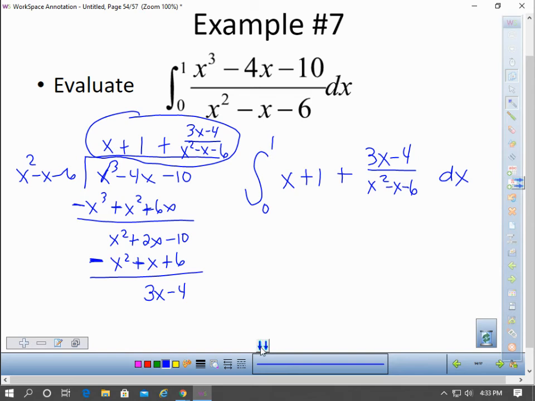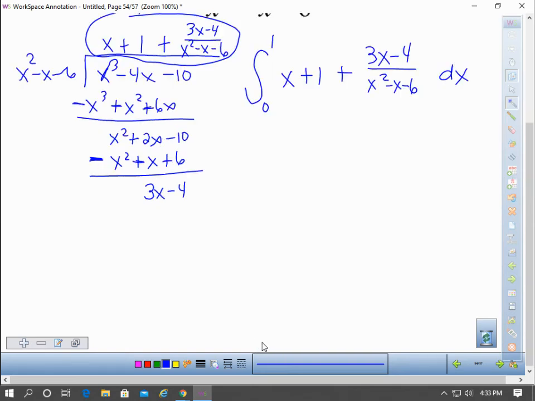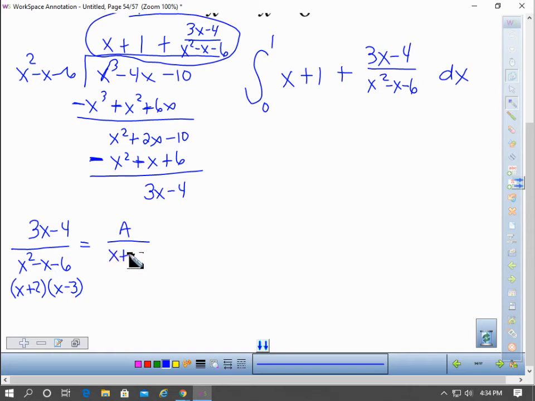So I'm going to scoot down here and do the decomposition of that. So that's 3x minus 4 over x squared minus x minus 6. Let's factor this denominator. So to get a 1 in the middle, I need to use 2 and 3, and I need to use a minus and a plus. So I'm going to break this up into A over x plus 2, and then B over x minus 3.